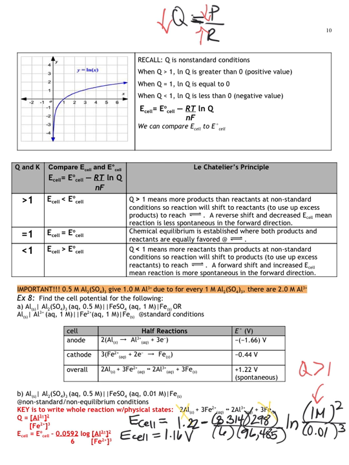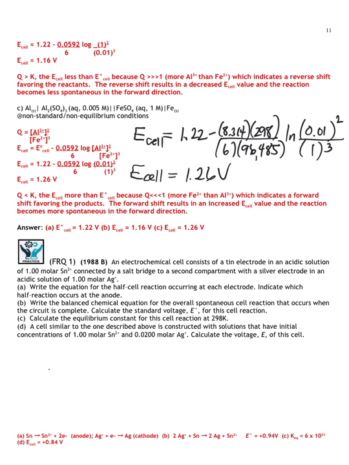Once again, a way to conceptualize this, and oftentimes in this, AP doesn't require you to do the calculations. I am holding you to the calculations though. But to conceptualize this, an appropriate answer would be what you see right here, where it describes how Q is greater than K at this point of the non-standard condition compared to the standard equilibrium condition.